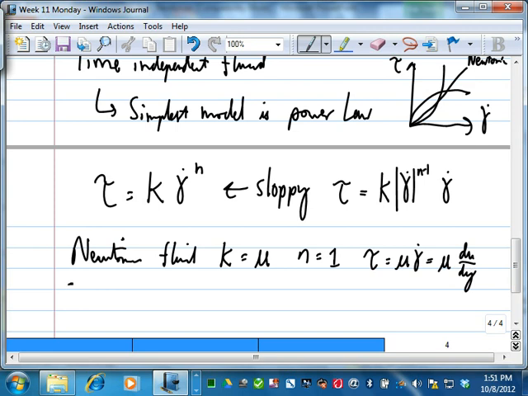For shear thickening, shear stress is equal to K gamma dot to the power n, and you look at here, n is more than 1. It's like a parabola or higher. So here, shear thickening has n larger than 1, and shear thinning.